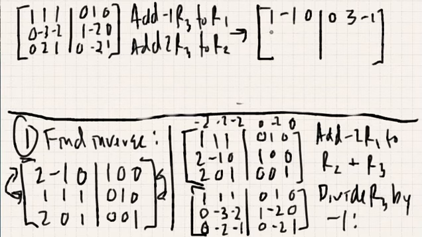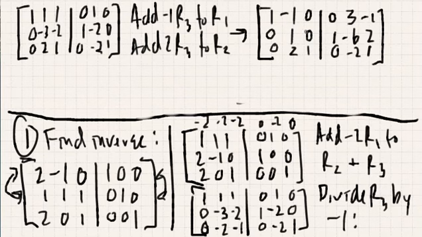I get 0 plus 0 is 0, 4 plus negative 3 is 1, 2 plus negative 2 is 0, 0 plus 1 is 1, negative 4 plus negative 2 is negative 6, and 2 plus 0 is 2. The bottom is 0, 2, 1, 0, negative 2, 1.